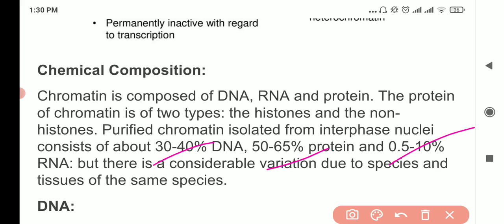But there is considerable variation due to species and tissues of the same species. So it may change. Maybe in one species instead of 40 it may be 41% or 42 or 35 for the DNA, and the protein instead of 65 maybe 61, 62. It changes according to species.